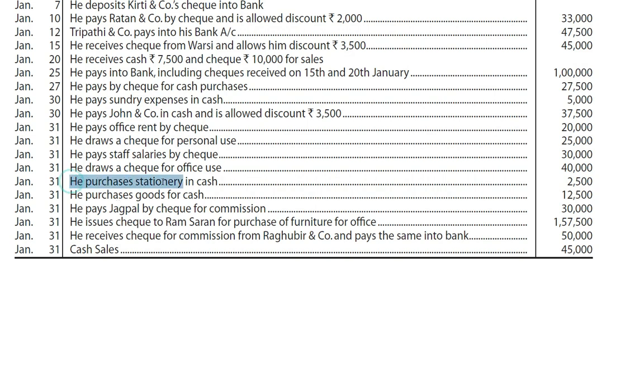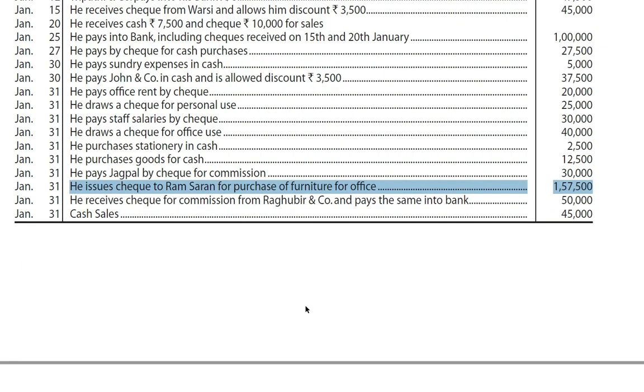He purchases stationery by check, so by stationery, money is going out 2,500. He purchased goods for cash 12,500 by purchase account. He pays Joypal by check for commission. When paying something, it always goes to the credit side. He issues a check to Ramratan for purchase of furniture for office, that is also a payment entry, it will go to the credit side.